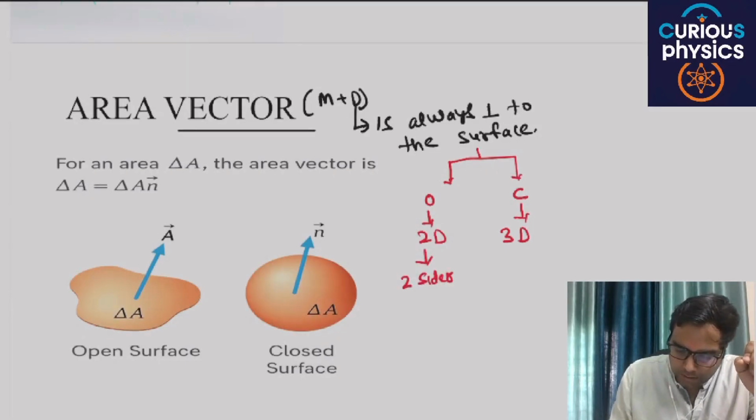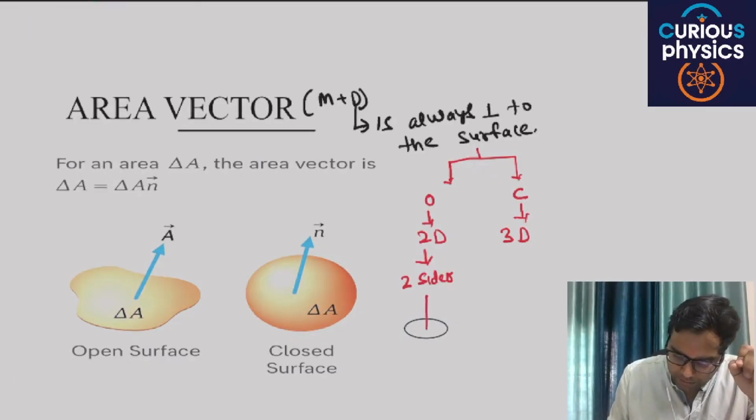For example, if this is a circle of radius r, then the area vector can be taken perpendicular to the surface in the upward direction as well as in the downward direction.